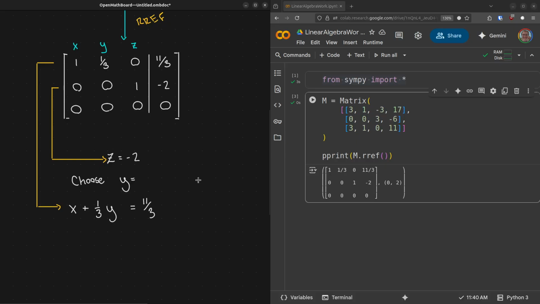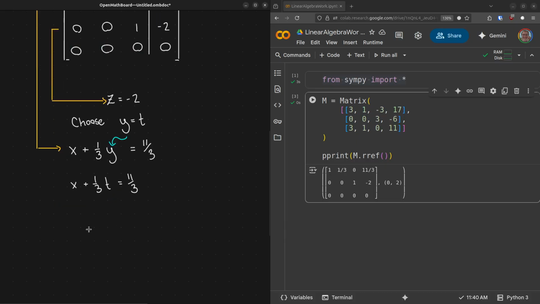y equal to some free variable, which I will call t. So if I plug that in here, I get x plus 1/3 t equals 11/3. Solve for x. x is equal to 11/3 minus 1/3 t.